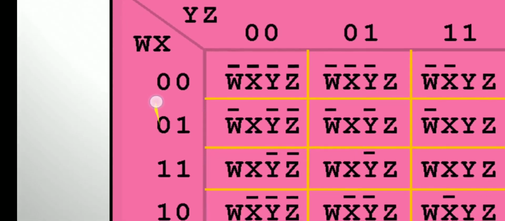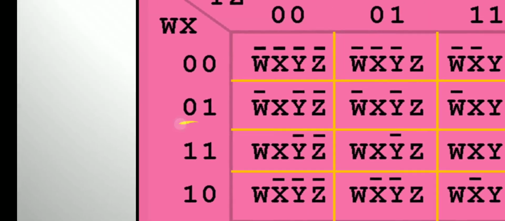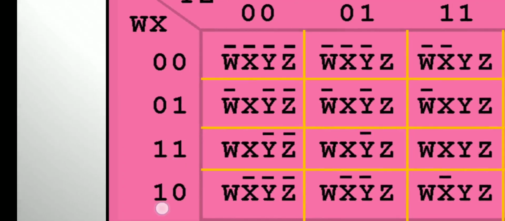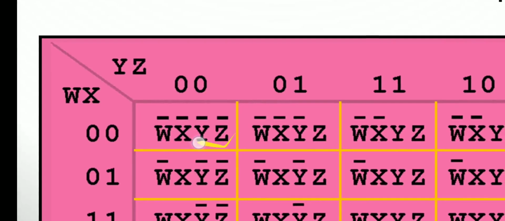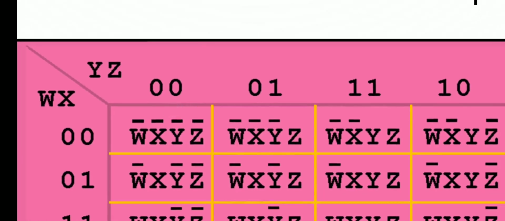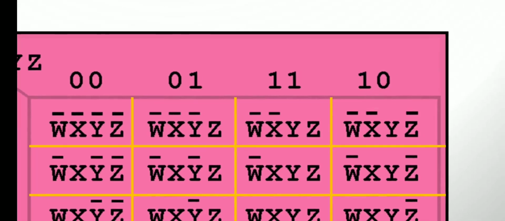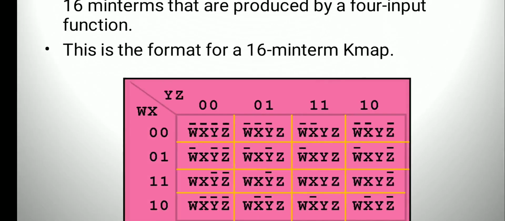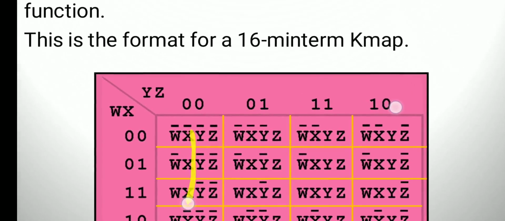wx value in a first row 00, second row 01, third row 11 and fourth row 10. Whereas yz value in a first column 00, second column 01, third column 11 and fourth column 10. Means for this first column in all these sequences yz is equal to 00.